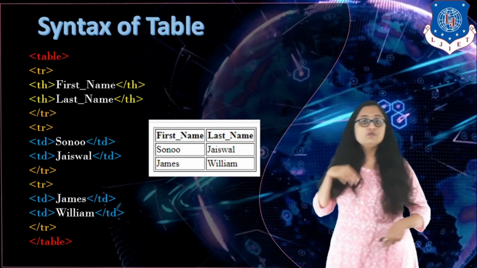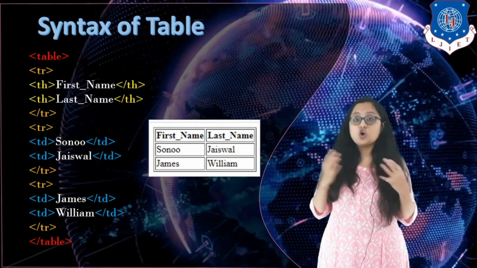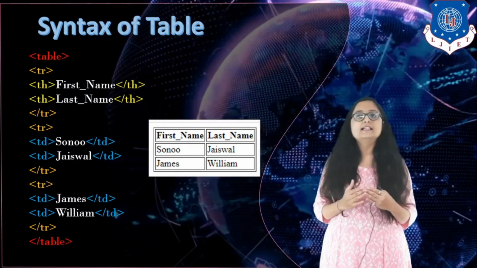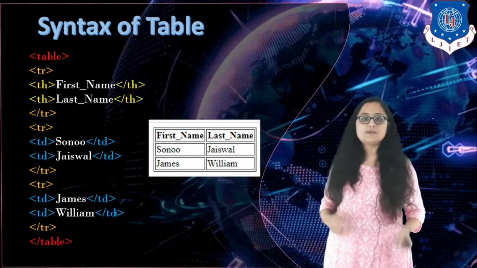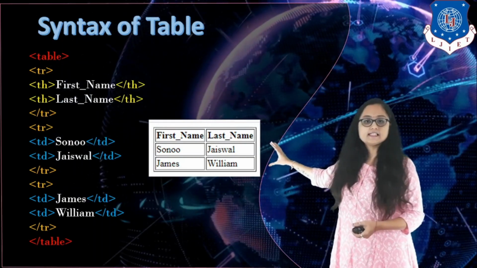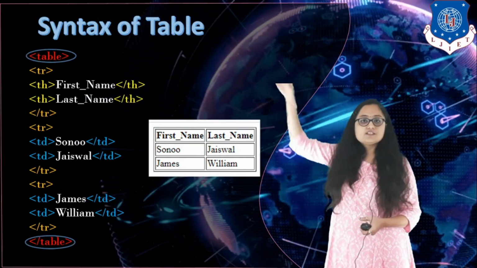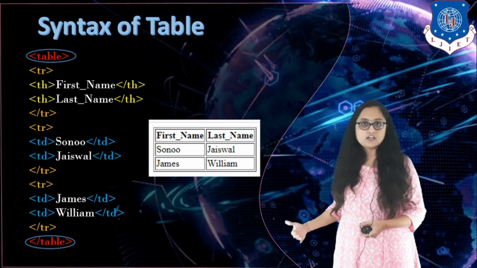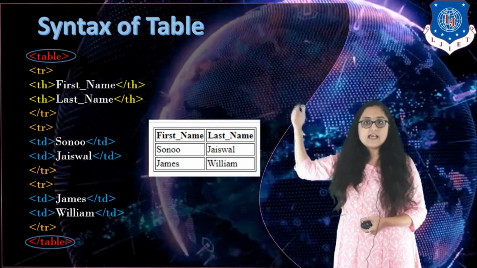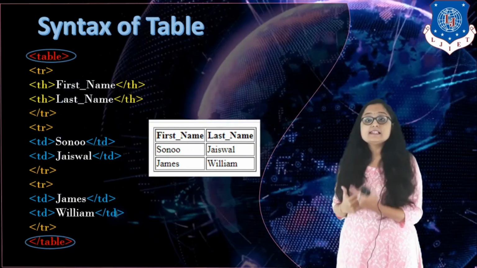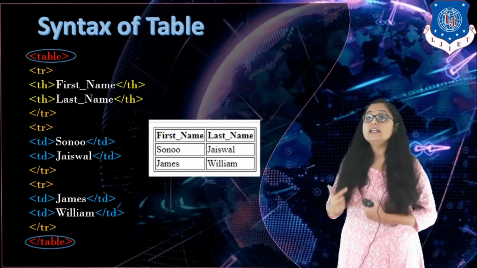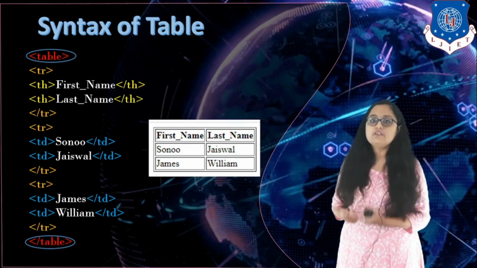Okay, so we have already gone through the theoretical syntax of table. Let us do this practically. Now here you can see this is the table. So in the syntax you know that you have to write the table tag. So I have written the table start tag and table end tag. Now this indicates that I want to create a table on a web page, right?